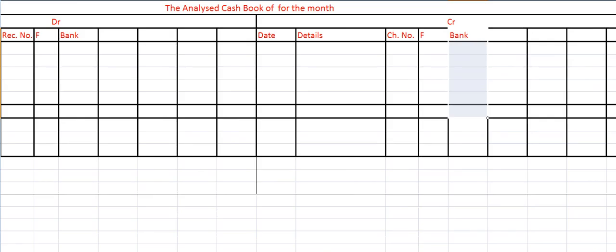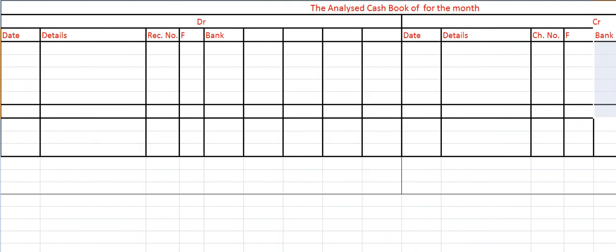Okay, so the first thing it says, note, analyse bank transactions using the following money column headings. So on the debit side you'll always have date, details, receipt, then receipt number, folio, and bank. And then the other columns are sales, they tell us in the question, VAT, share capital, and debtors.